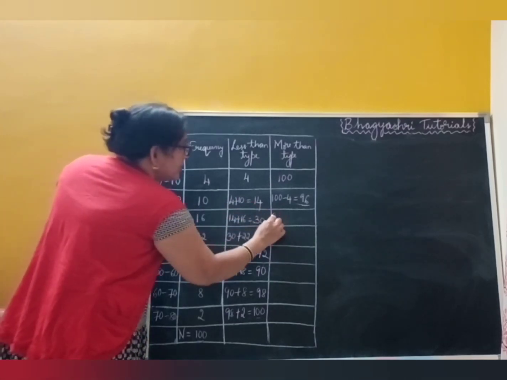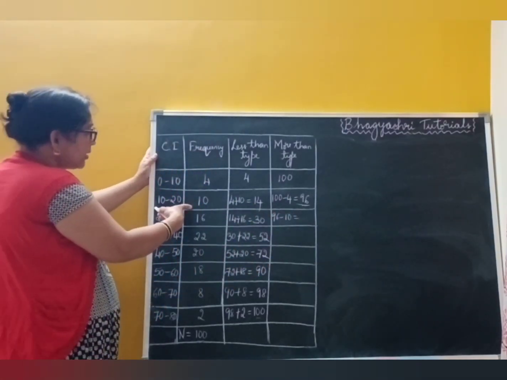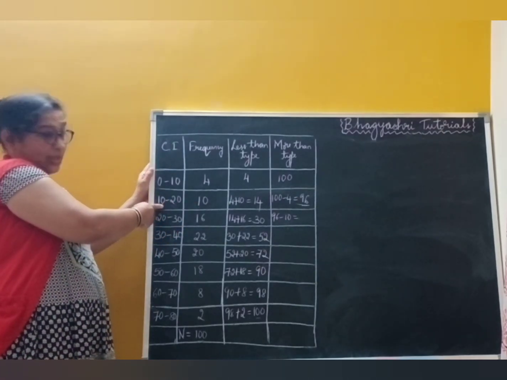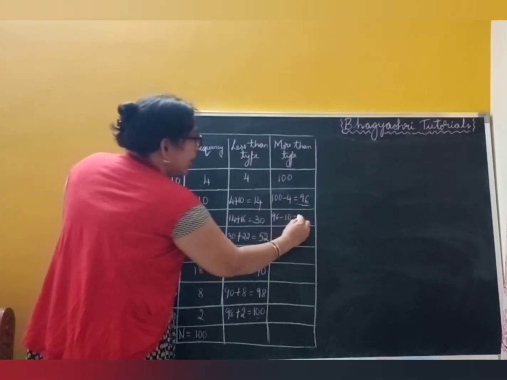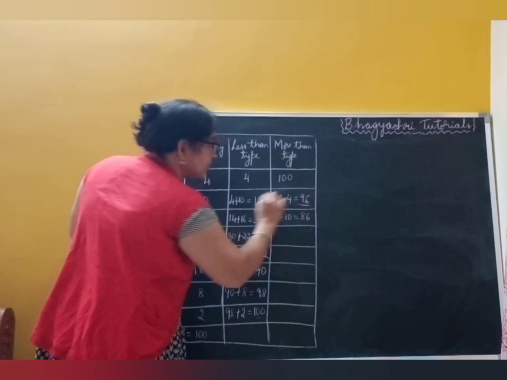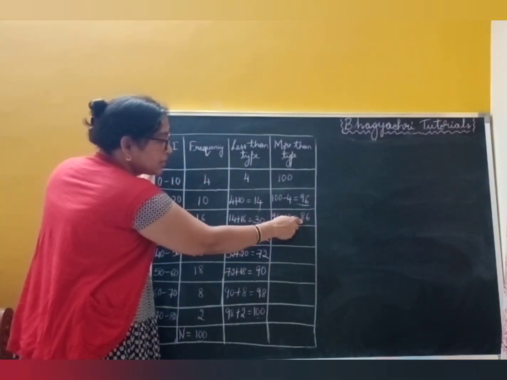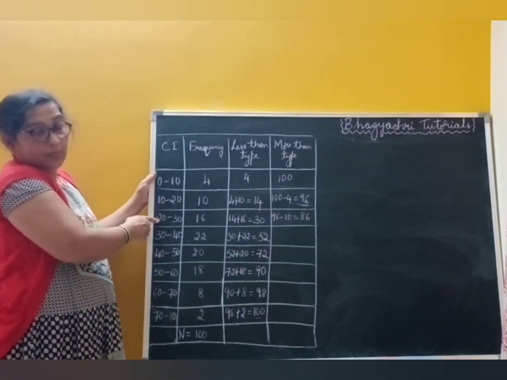That is 96 minus 10. Why is it minus 10? Because these children have got marks less than 20. So it is 96 minus 10. How much is it? 86. So there are 86 students who got marks more than 20.